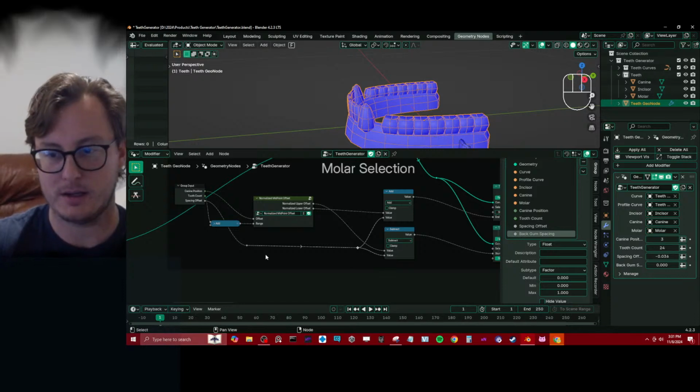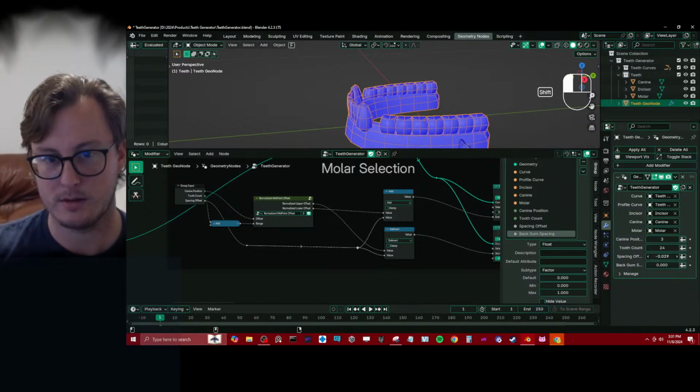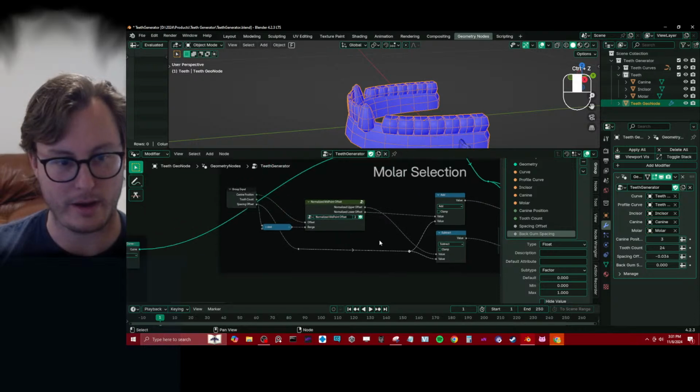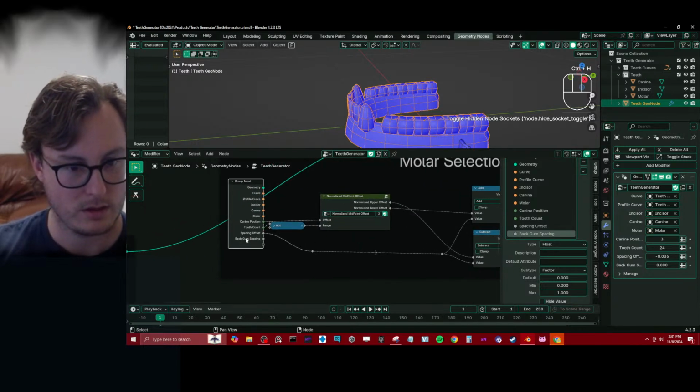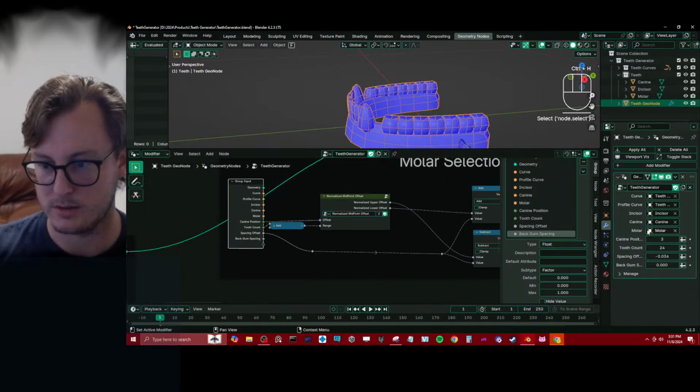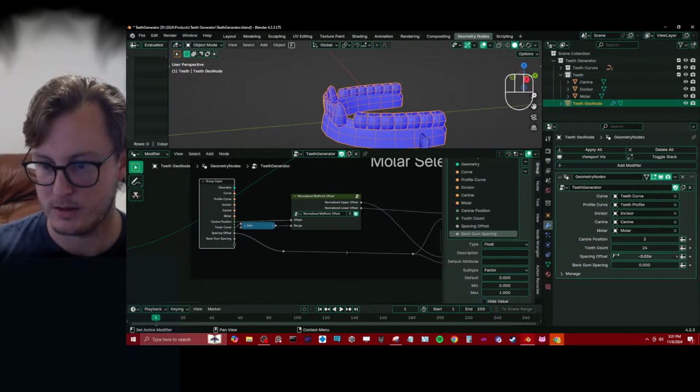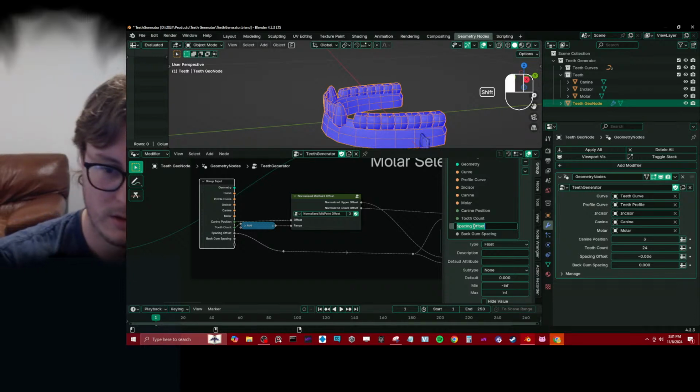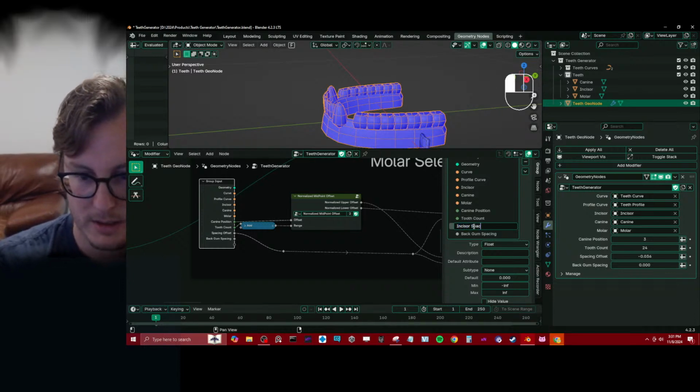Putting the spacing offset. It does move it. But the issue is that it's also moving the... so actually all we really need to do is just call this incisor spacing.